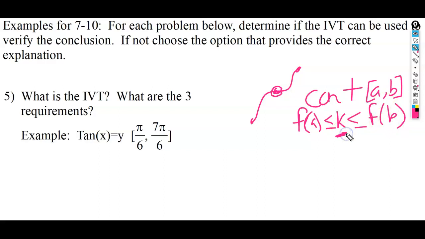So the y value that they say it's trying to equal has to be between the y values of the endpoints, which kind of goes without saying. That's kind of what the theorem says, but it's something you want to check. And then also the endpoints cannot equal each other.